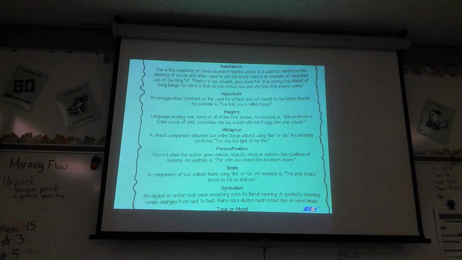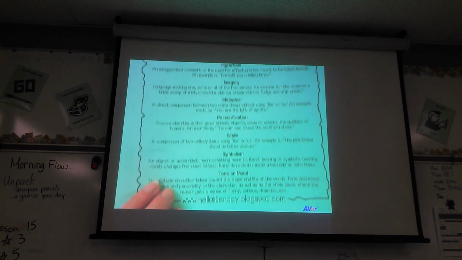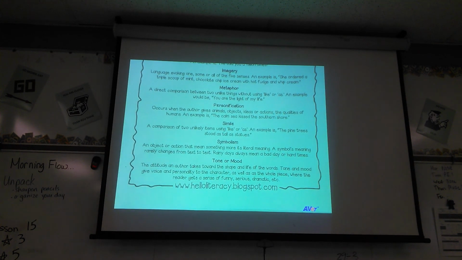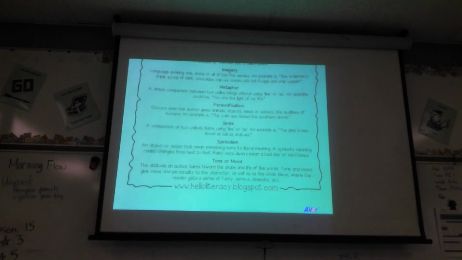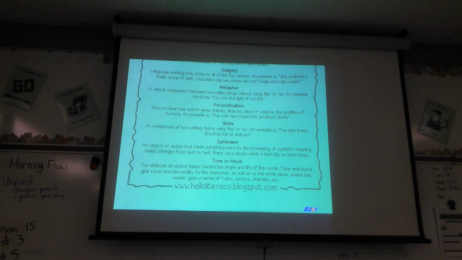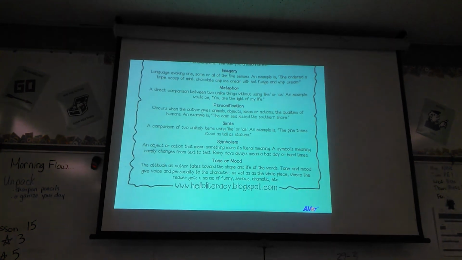Now, tone and mood. We've talked about this a little bit in passing. The most important thing to remember is that tone is the attitude that the author takes. If you think about people talking in a certain tone, okay? It might be a very stern tone, an angry tone, okay? So tone is the way the author is speaking.